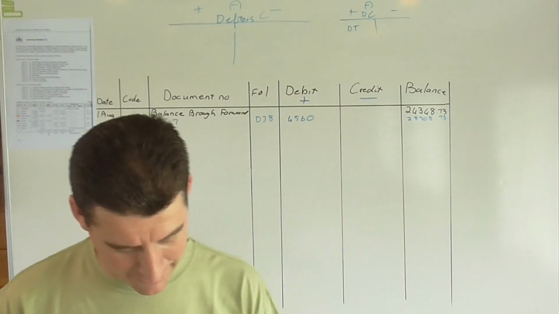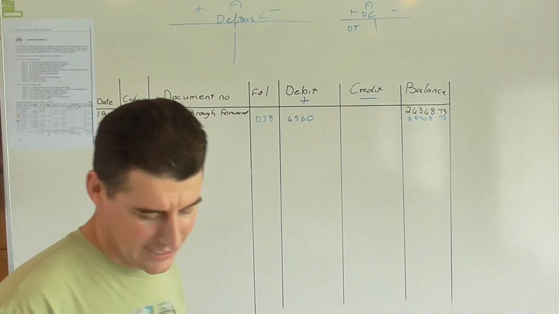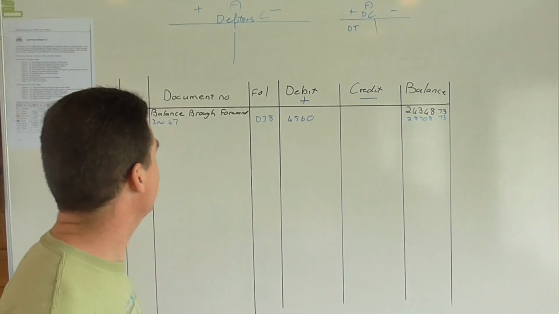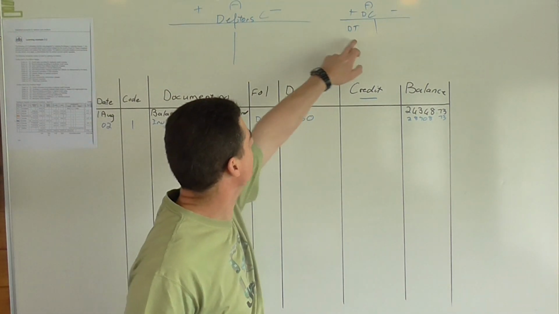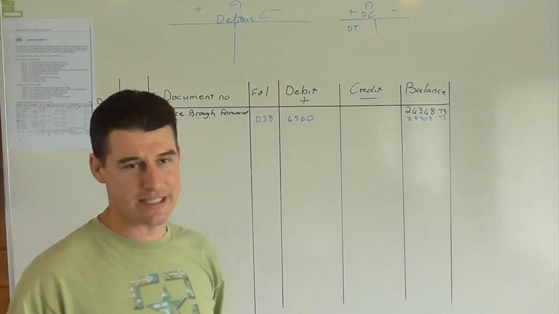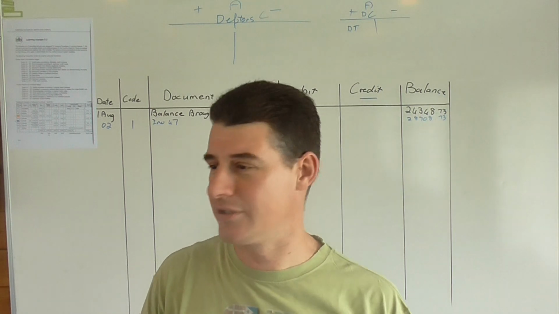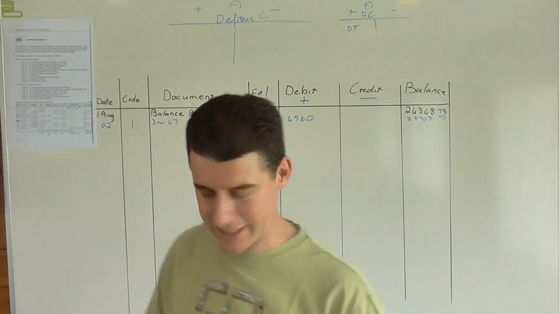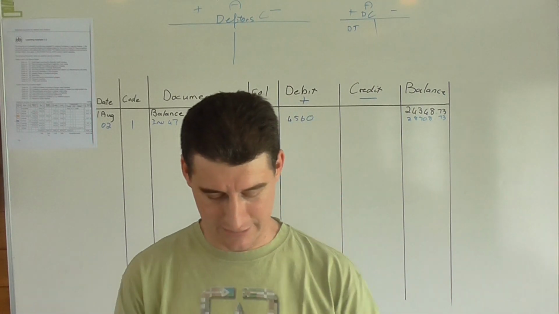So let's just recap from what I've done now. I took the transaction, calculated if my debtors increase or decrease, and then I just increased or decreased it according to the requirement. Alright, so let's look at the next one.